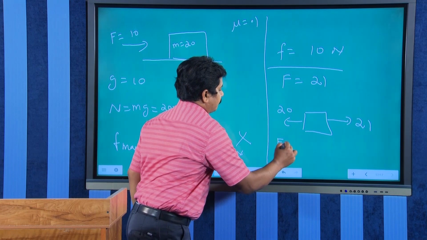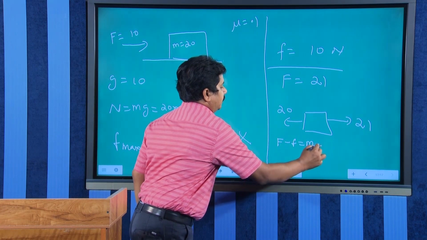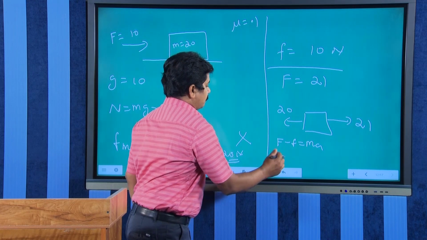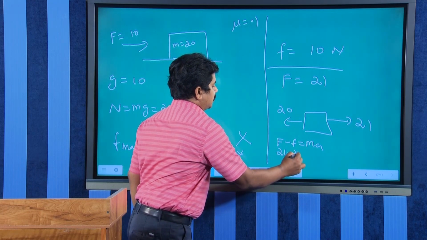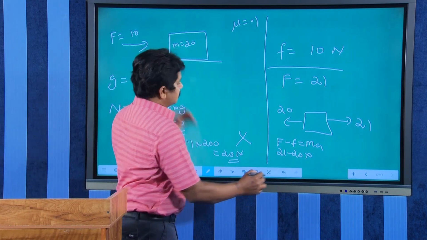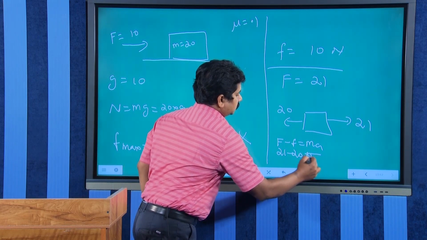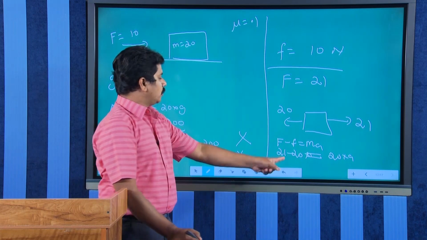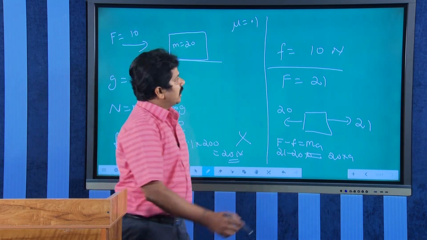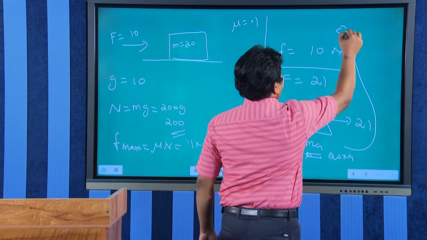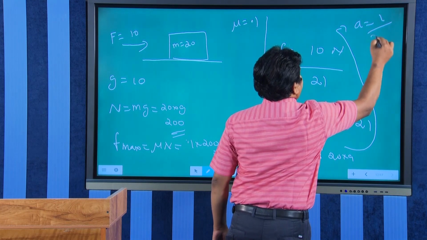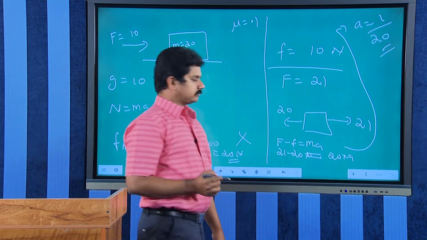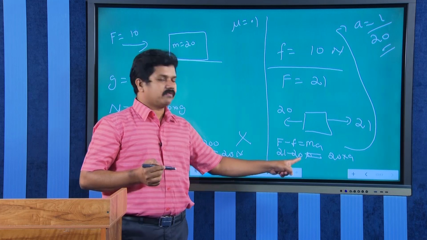We can write F minus f equal to m a. So, 21 minus 20 equal to 20 into a. So, we will get a equal to 1 by 20. Here the net force will be 1 Newton only.